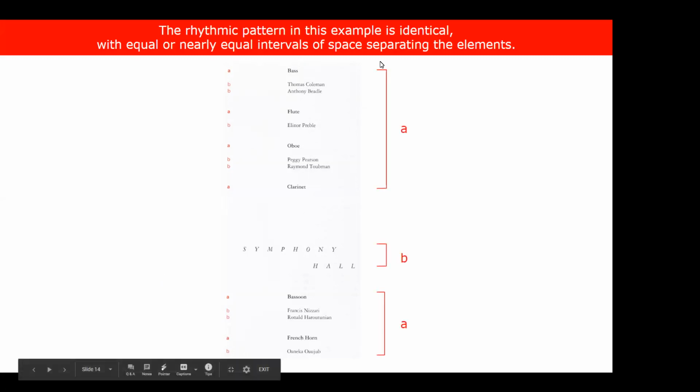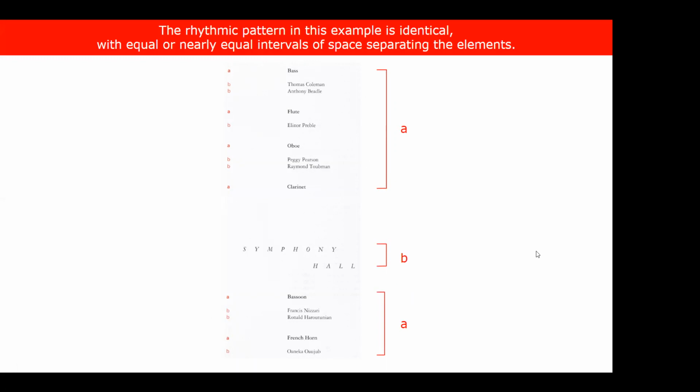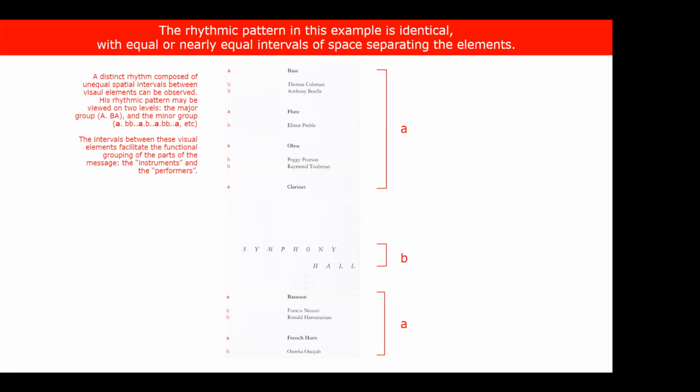Here you can see what is called Becker's wheel, A, B, and A. And this is actually the principle at work. A distinct rhythm composed of unequal spatial intervals between the visual elements can be observed.